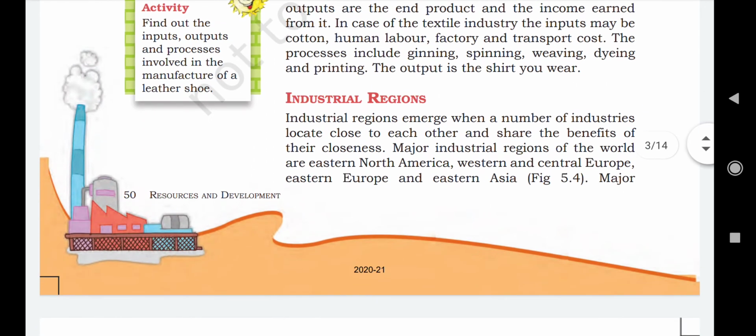Now let's discuss industrial regions. Industrial regions emerge when a number of industries locate close to each other and share the benefits of their closeness. Major industrial regions of the world are Eastern North America, Western and Central Europe, Eastern Europe and Eastern Asia.